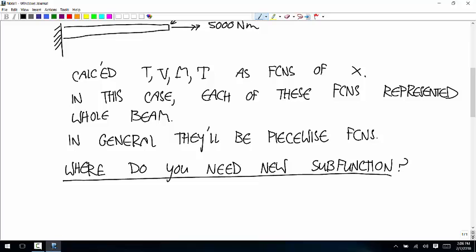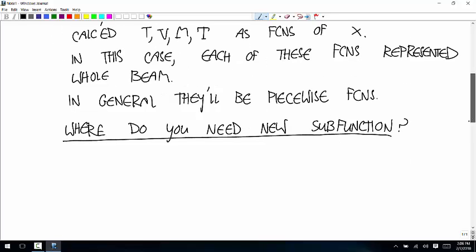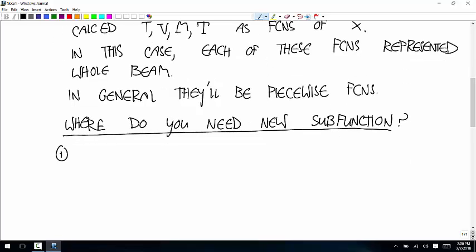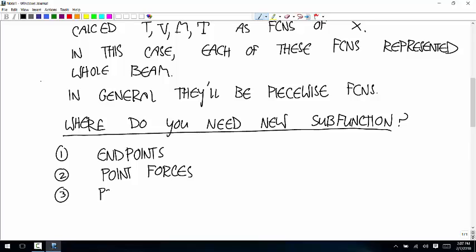Candidates for those places. There are 4 places where you need to do this. So first, all the functions end at the endpoints. Then anywhere that there are point forces. Anywhere that there are point couples.